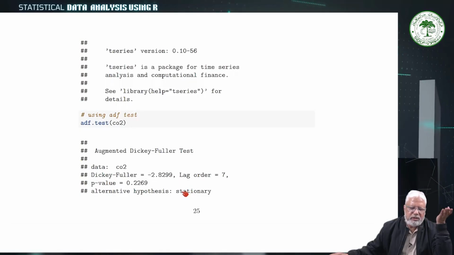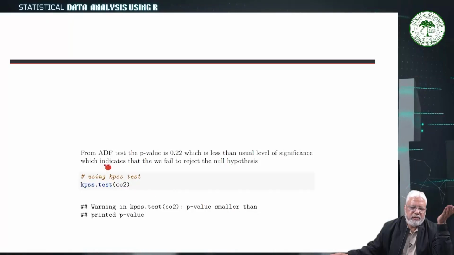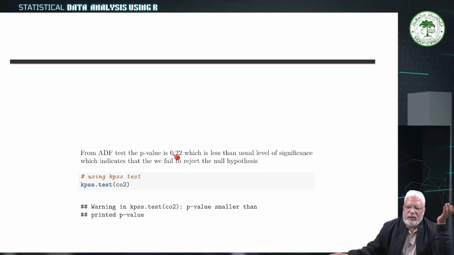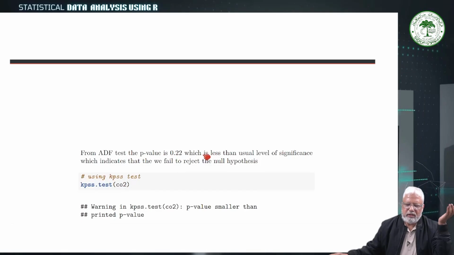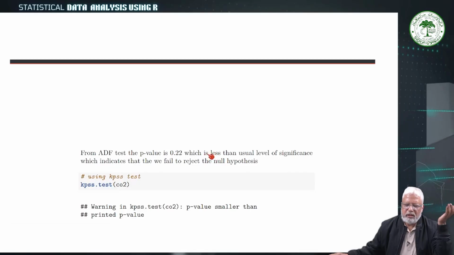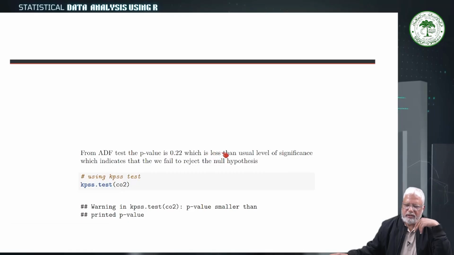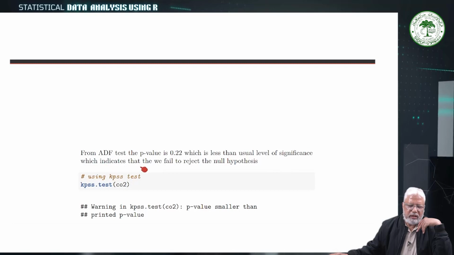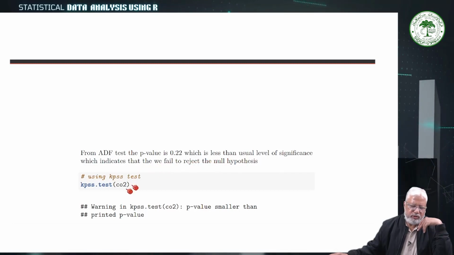From the ADF test, the p value is 0.2, which is not less than the usual level of significance, which indicates that we will fail to reject the null hypothesis.